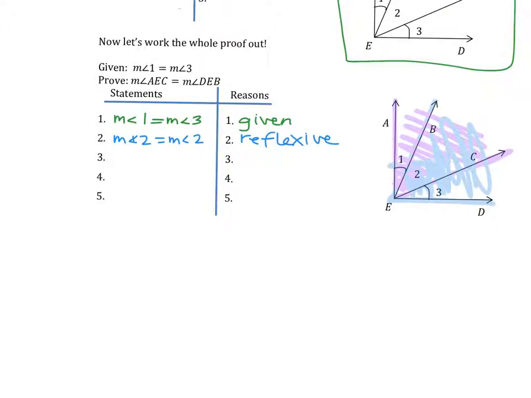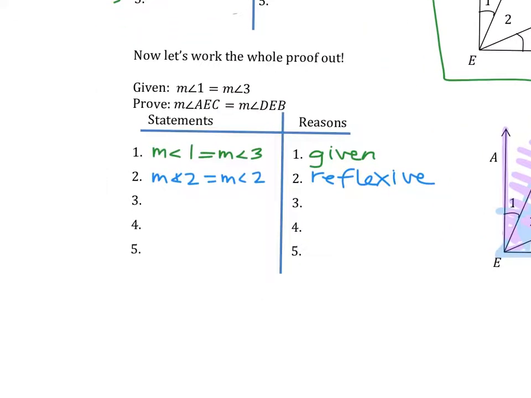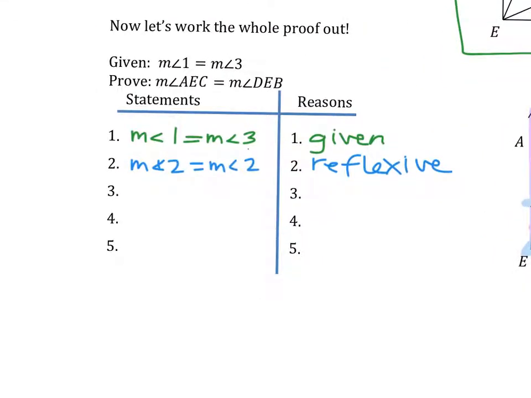Now from there, here's what you have to think about. I know 1 is equal to 3, and I know 2 is equal to 2. So I can say the measure of angle 1 plus the measure of angle 2 is equal to the measure of angle 3 plus the measure of angle 2. If I add these two together, and I add these two together, because they are equal and equal, then the sums of them will also be equal.